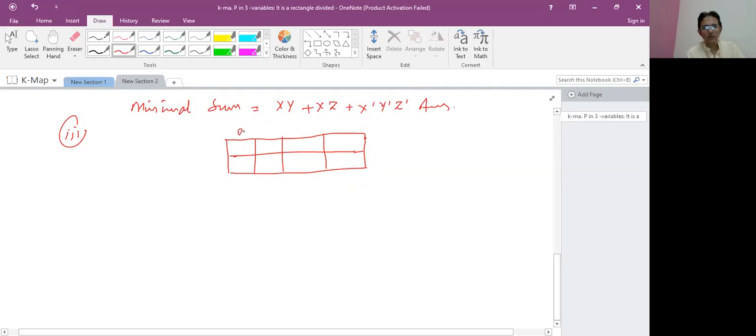So if we write here 0, 0, 1, 0, 0, 1, 1, 1, 1, 0. That means when we consider the variables y, z, and x, 0 means x complement, 1 means x.